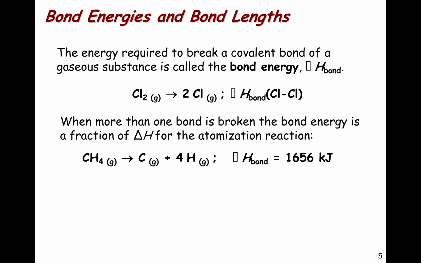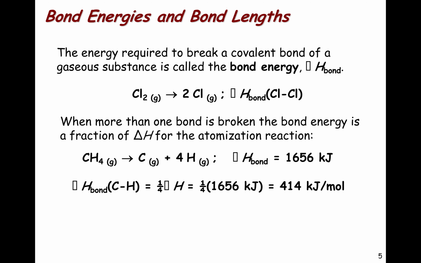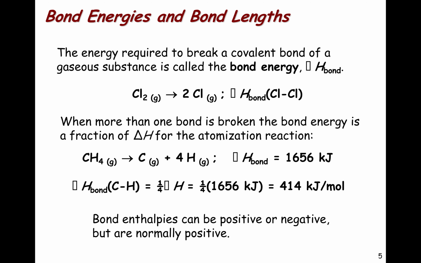And so to calculate the bond energy for a single carbon-hydrogen bond, we would divide that energy by 4 to come up with a bond energy of 414 kilojoules per mole for a carbon-hydrogen bond. So it turns out that bond dissociation energies or bond enthalpies can be either positive or negative, but more often than not they are positive because we're putting energy into the system to break the bonds.